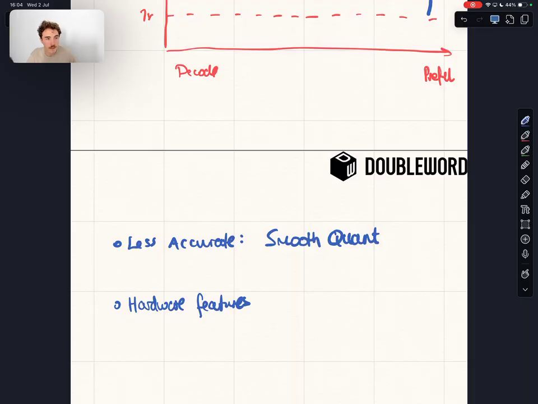But if you wanted to write the same thing in weight, so you wanted to do like an FP2 weight and activation quantization scheme, you wouldn't just be able to do that just because you knew how to program with CUDA really well. You would have to rely on the existence of FP2 tensor cores, and those don't exist in any NVIDIA hardware or AMD hardware.